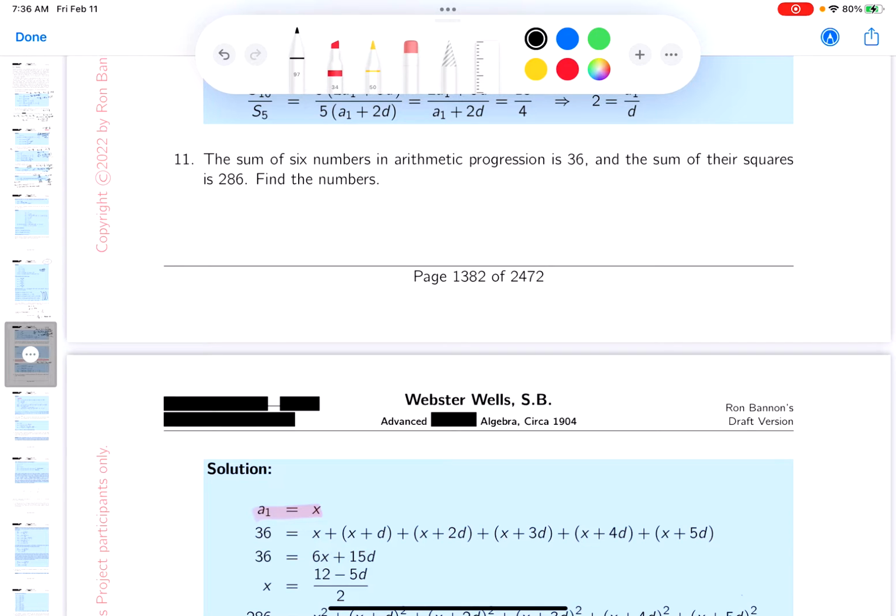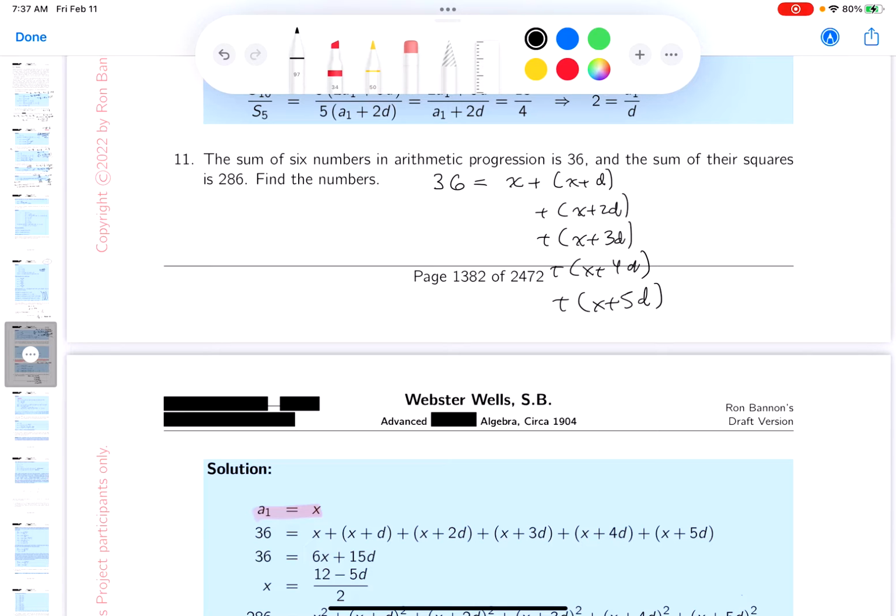So what I would write down is 36 is equal to X plus the next number, X plus D, plus the next number, which is X plus 2D, plus X plus 3D, plus X plus 4D, plus X plus 5D. Part of writing that down is just realizing how many terms you've got: 1, 2, 3, 4, 5, 6 terms.